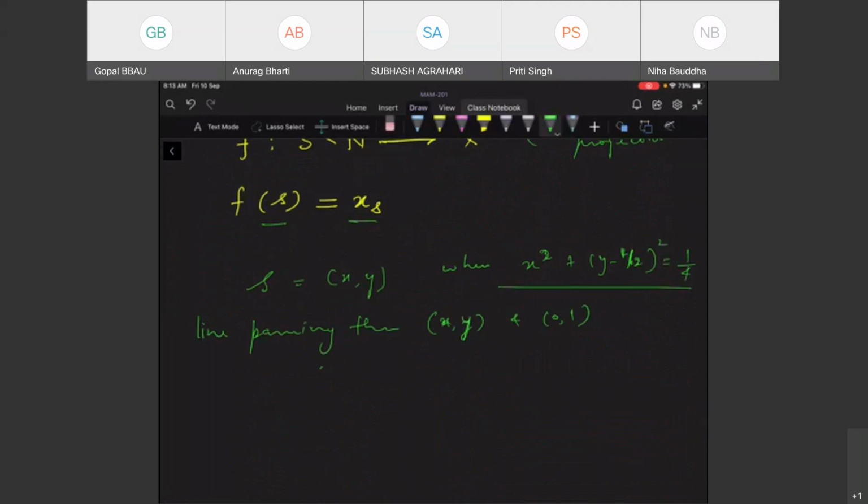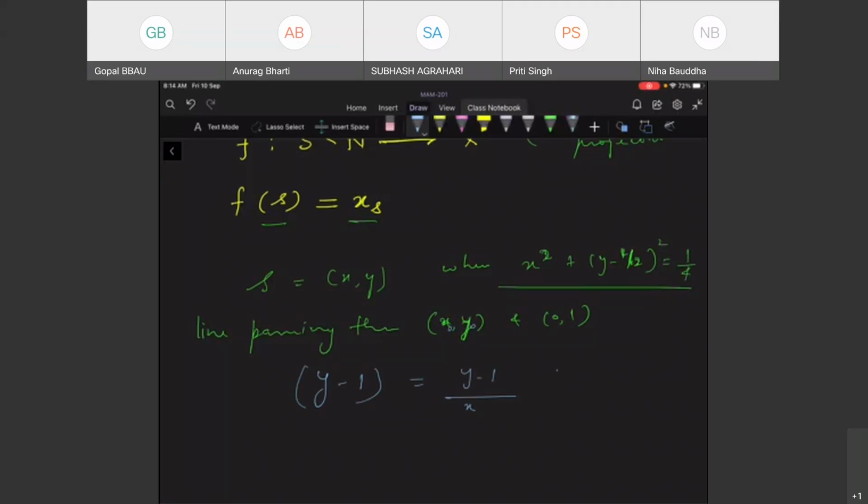So the line passing through (x, y) and (0, 1) is given by what? Can anyone tell me what this line will be? X minus 0, yes, so this is x. Wait a minute. So it will be y minus 1 upon x.